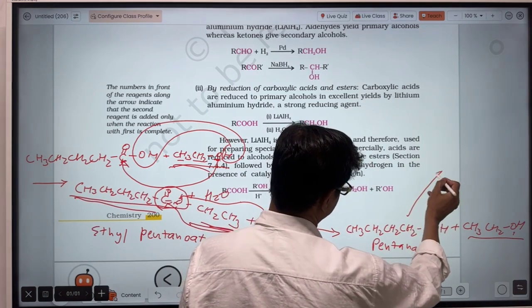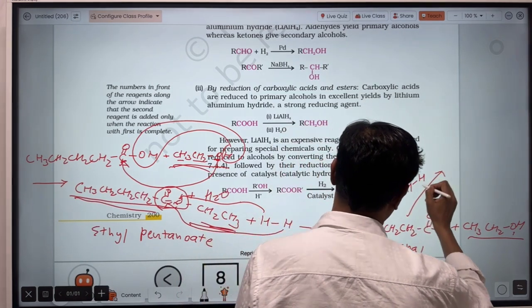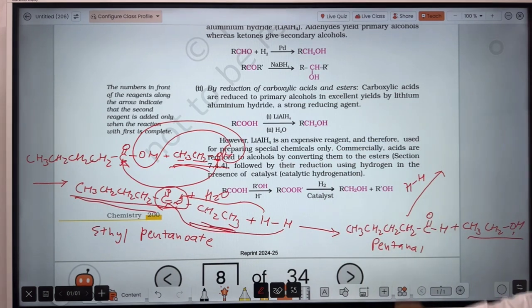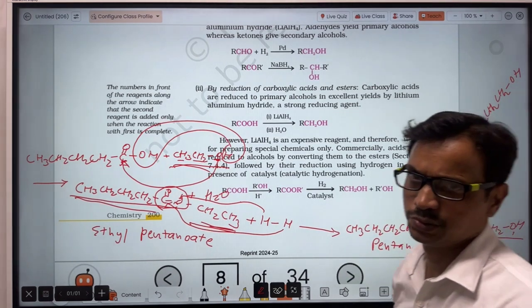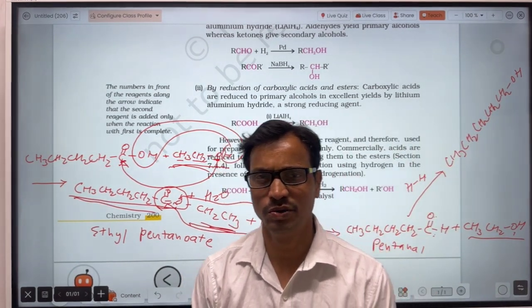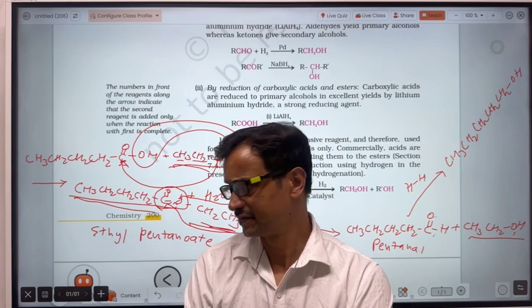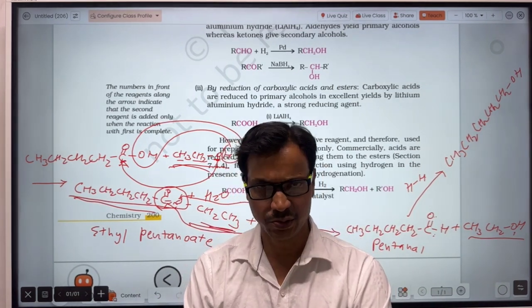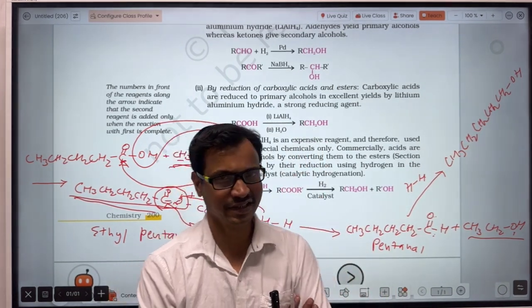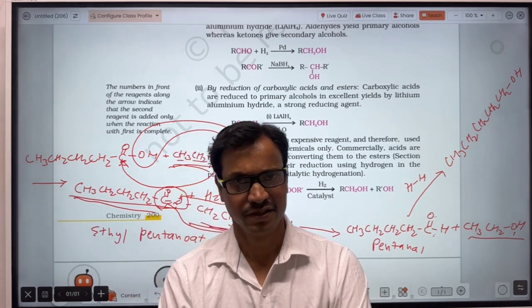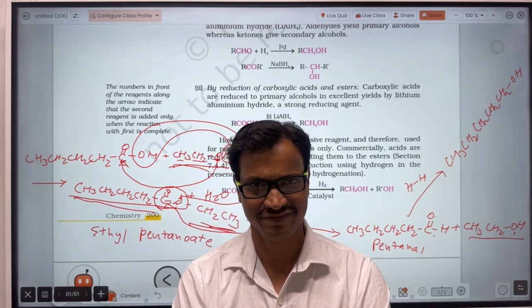And then after that, this one reacts again with hydrogen. You have already studied that earlier. This hydrogen will bond to this oxygen and this hydrogen will bond to this carbon. So the compound becomes pentanol. During this reaction, the alcohol which you have taken to convert carboxylic acid into ester has been regenerated, and the carboxylic acid is converted into alcohol.